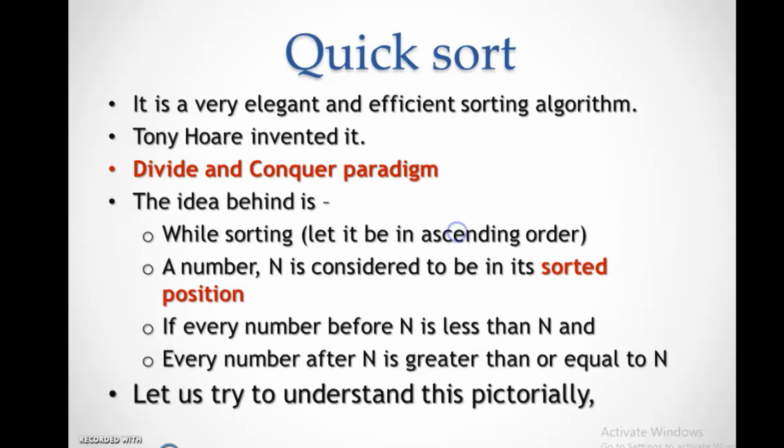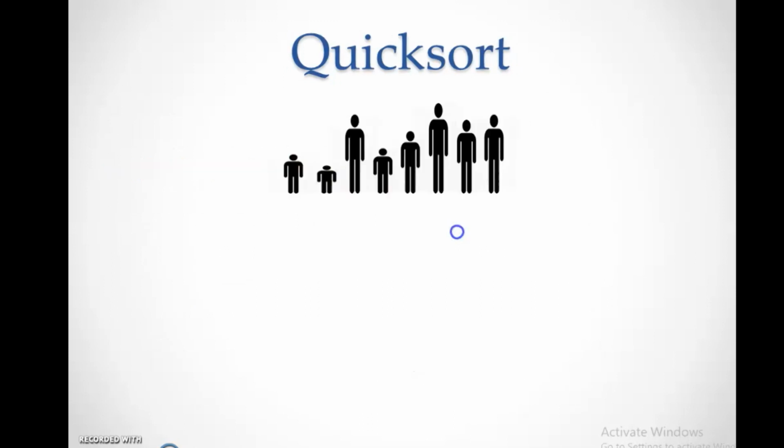Let us try to understand this pictorially. In this group of people, if we consider the first person and check whether he is in the sorted position, we can see that there is a person to his right who is shorter than him. So this person is not in his sorted position, because all of those to his right should have height greater than him.